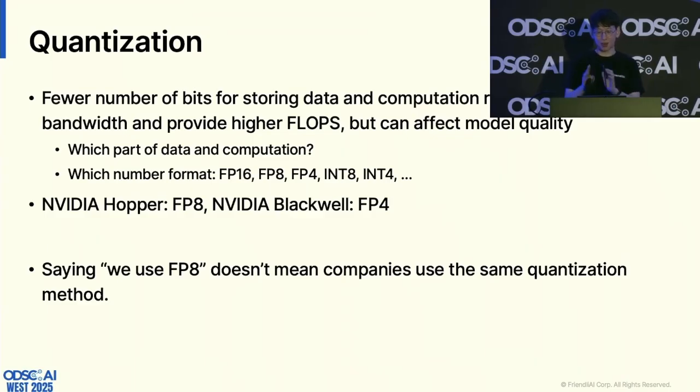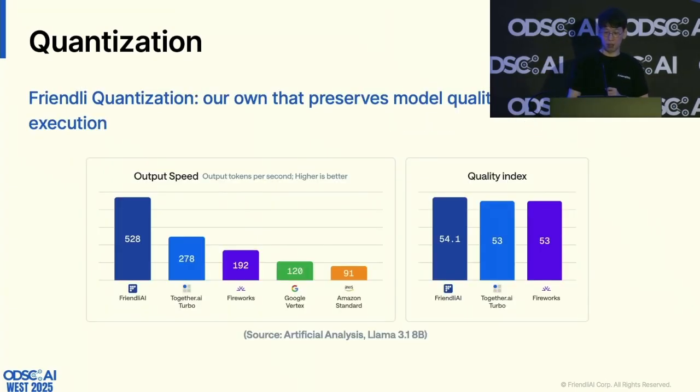But I would like to highlight that just because two companies say we use FP8 or FP4 doesn't mean they are using the same quantization method. Different teams implement it differently. So we have our own quantization method, Friendli quantization, that preserves model quality while speeding up execution.